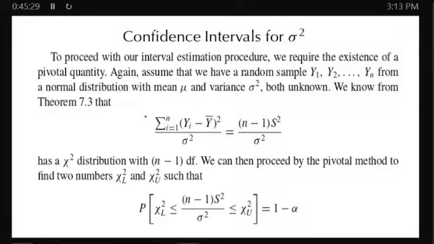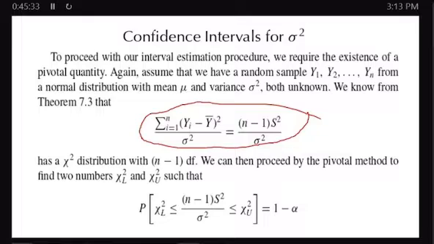I told you the other time: that divided by that is the same thing as that guy. And the whole of that follows a chi-square distribution. Which means if I want to figure out a p-value or get a critical value, then I need to go into the chi-square table for variance.